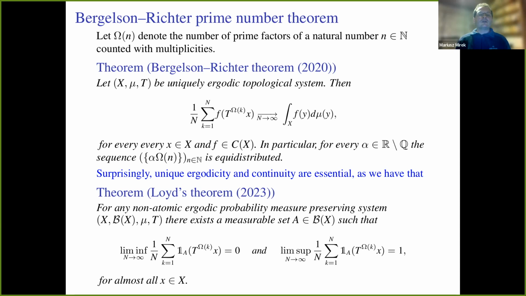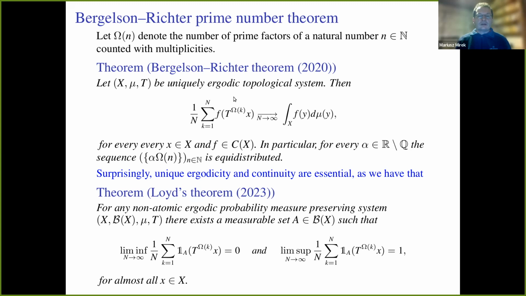number theorem. So if we consider a sequence omega(n), assume that omega(n) denotes the number of prime factors of a natural number n, counted with multiplicities. The theorem of Bergelson and Richter says that if X is a uniquely ergodic topological system, then we have this convergence.